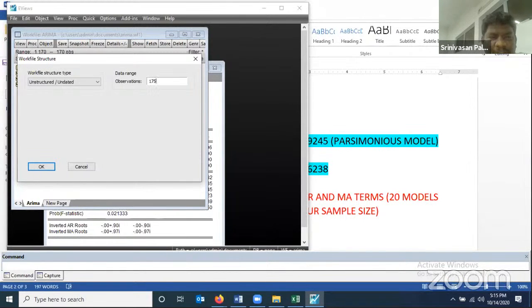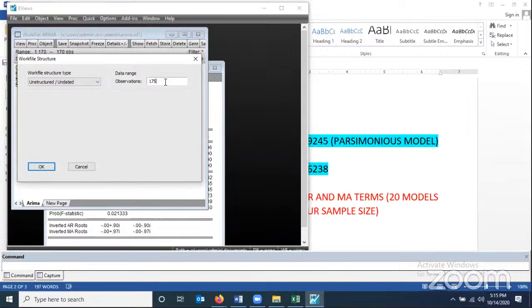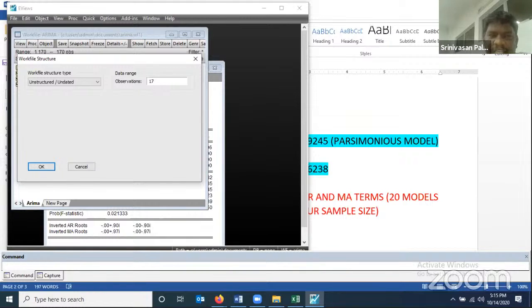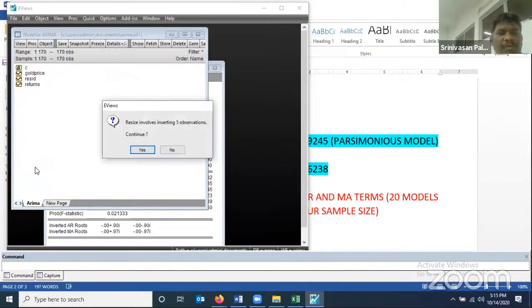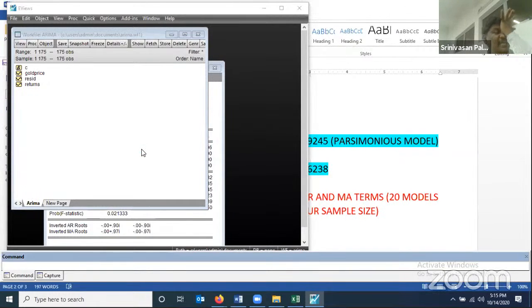I'm expanding the work file for the forecasting, just adding 5 observations. Click OK. It says resize involves inserting 5 observations. Continue.